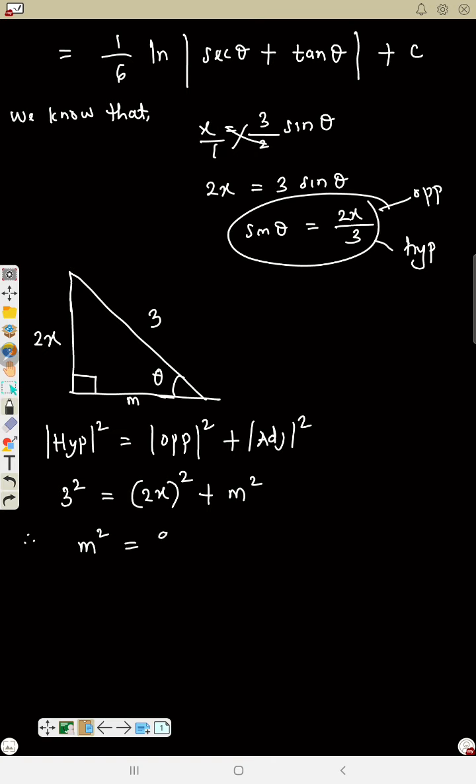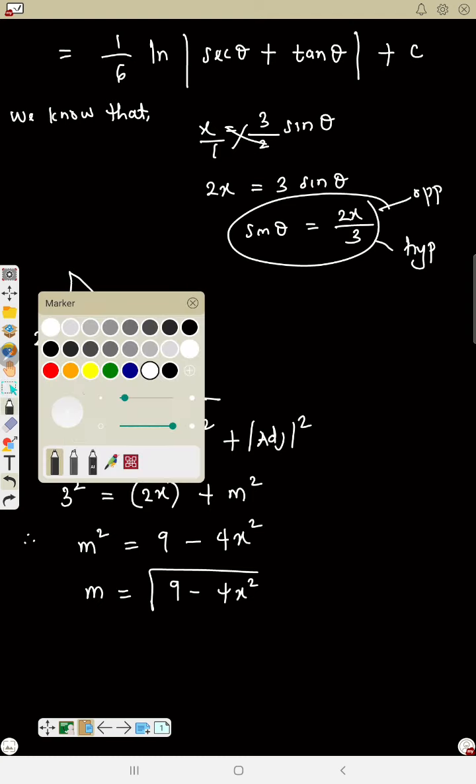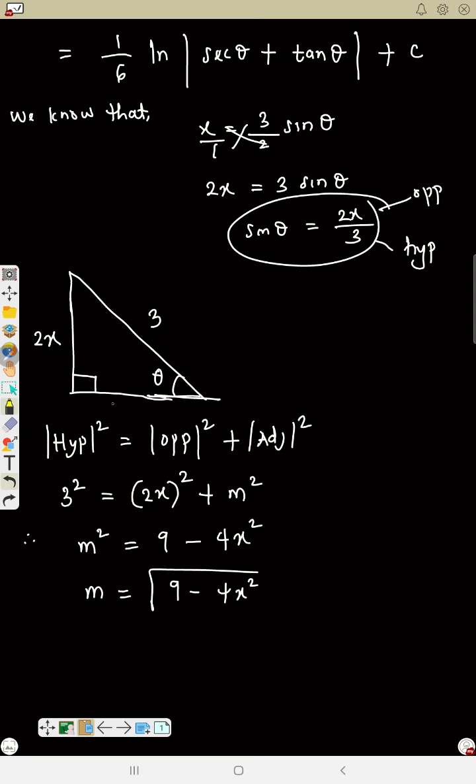So m square will be 9 minus 4x square. So m is equals to square root of 9 minus 4x square. So that means we have known this place. That is the adjacent. So the adjacent here is square root of 9 minus 4x square.